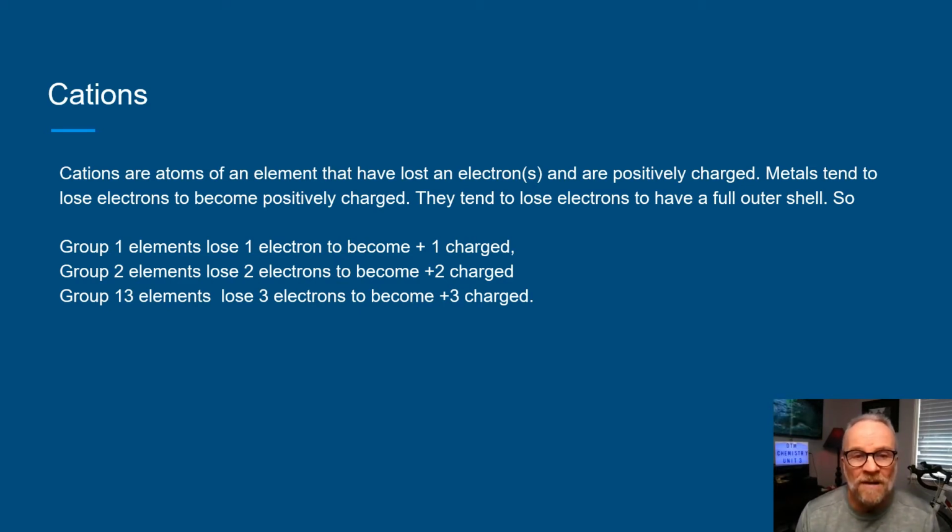Group 13 lose 3 electrons to become positively 3 charged. And what happens here is that it takes less energy to lose the electrons than it would to gain the number of electrons to become a noble gas type configuration or full outermost shell.